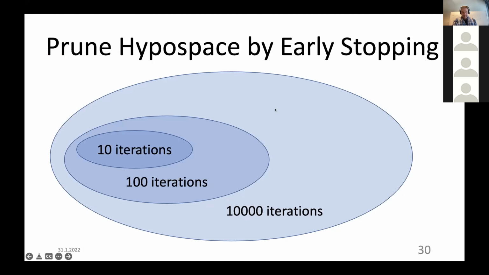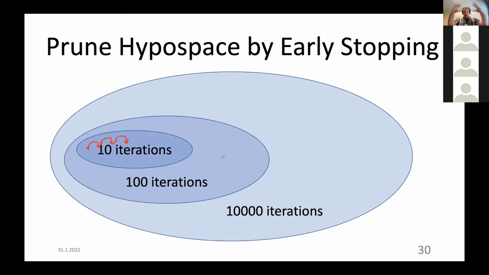Another example, quite elegant and not so obvious at first look as to what it is doing, is model pruning by early stopping. When you use a gradient method or gradient descent to tune the parameters of some model, like an artificial neural network, then when you constrain the number of iterations of this gradient descent algorithm, what you actually do is constrain the effective search space, the effective space of hypotheses that can be explored within 10 iterations.